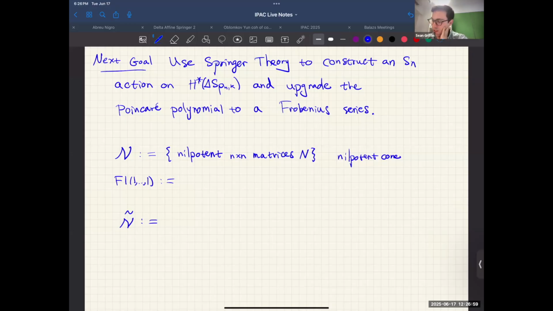Fl(1^n) will be the complete flag variety. We saw partial flags before, and this is just where Vn matches up with the whole space.